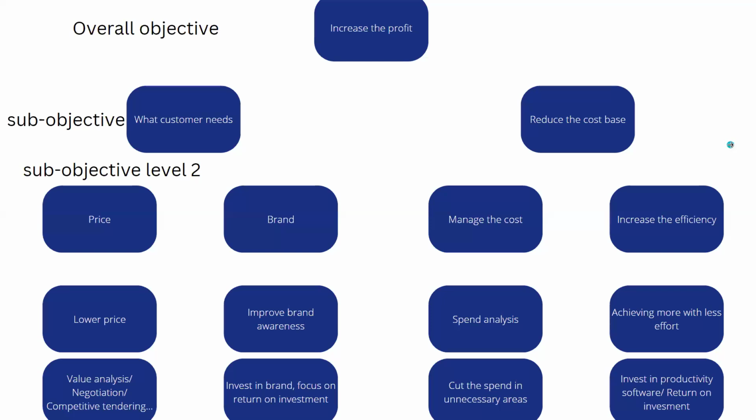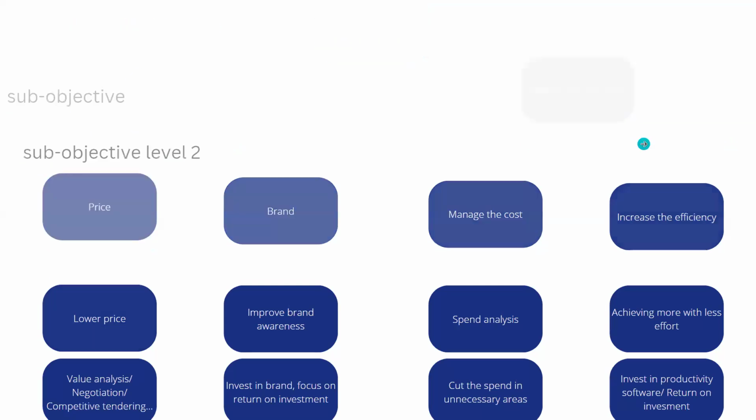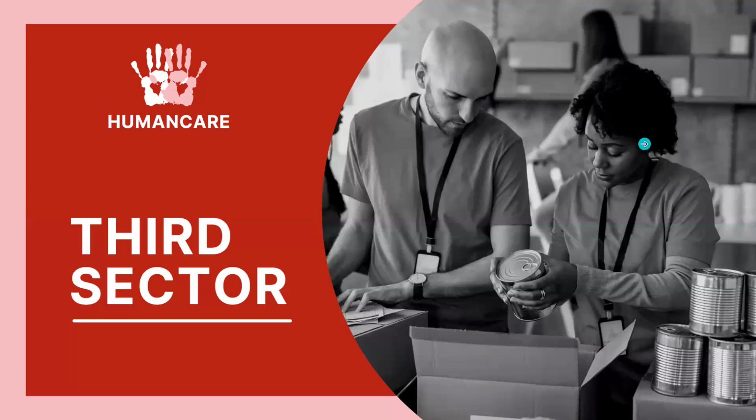Okay, so that is another topic that I think most students struggle with: the impact of some objectives on procurement. The next topic I want to share is about the third sector.